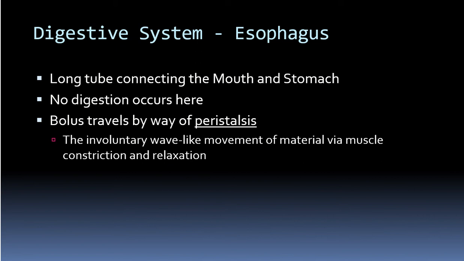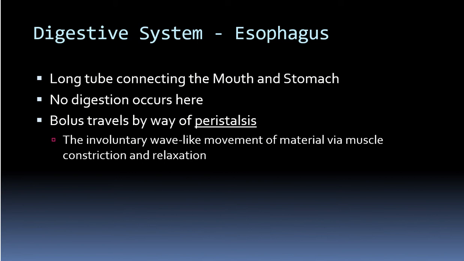The next organ after the mouth is going to be the esophagus, which is essentially the long tube that connects the mouth to the stomach. There is no digestion that really occurs in the esophagus, but this will be the start of a process called peristalsis. Peristalsis will continue through the stomach and the small intestines. This is the body's way of, through involuntary wave-like motions, moving material throughout the rest of the digestive system.